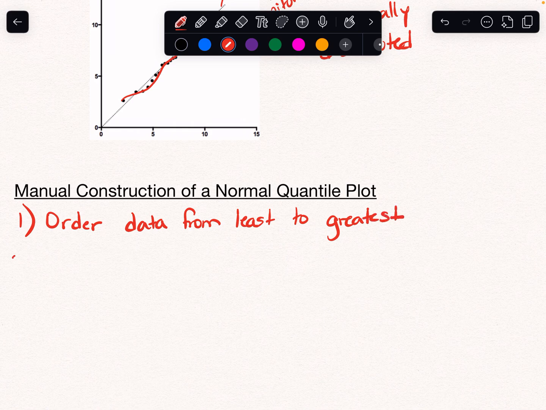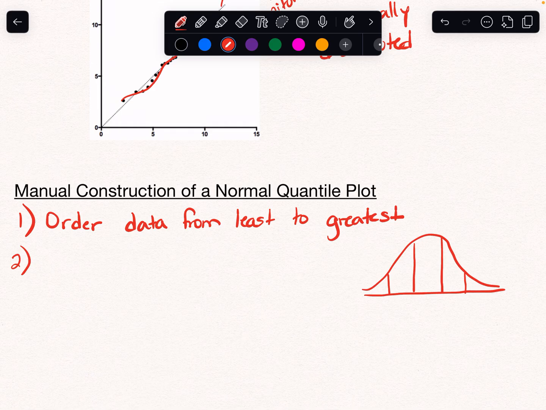Step number 2 is kind of weird, but it makes sense because we want to figure out if it's normally distributed. So if I was given a normal distribution curve, technically I want to split this normal distribution curve into equal slices, so that my data can line up equally along the curve. We're going to cut it into these equally spaced slices, and there's a reason and a formula to get this equally spaced.